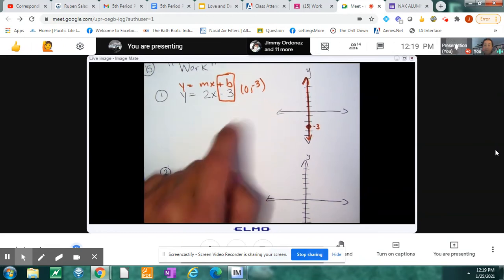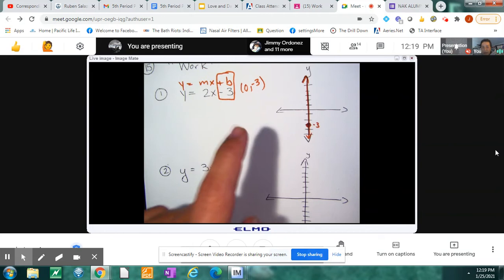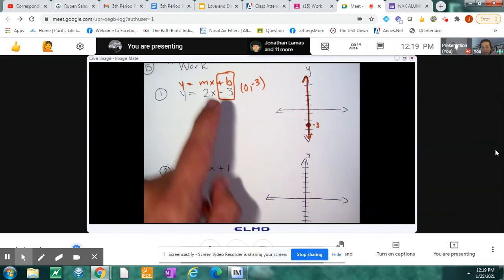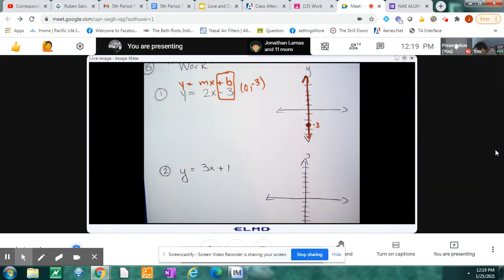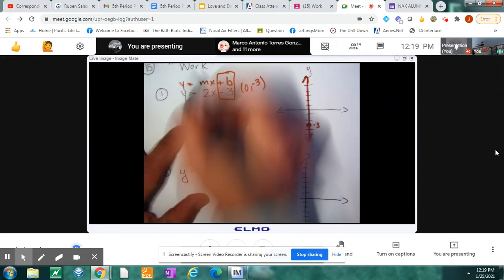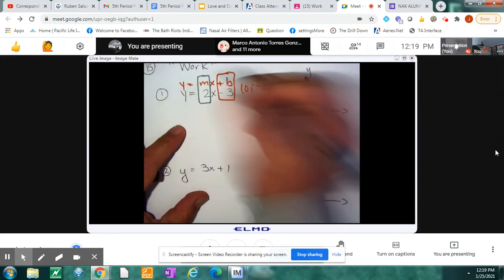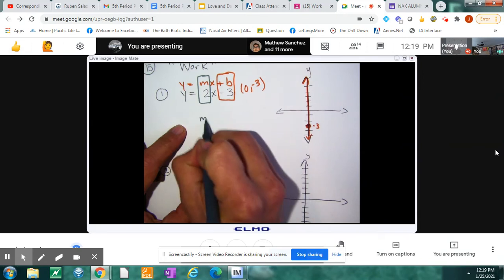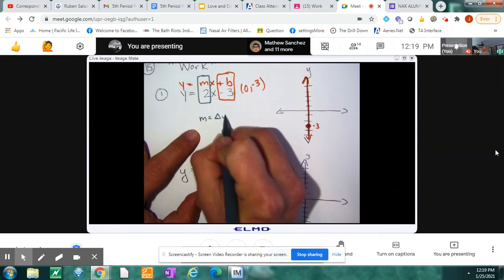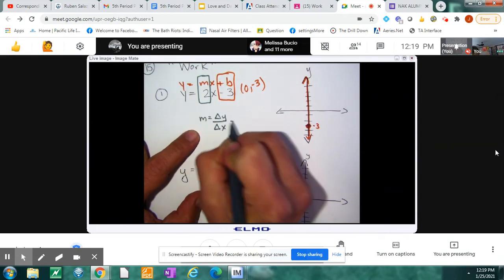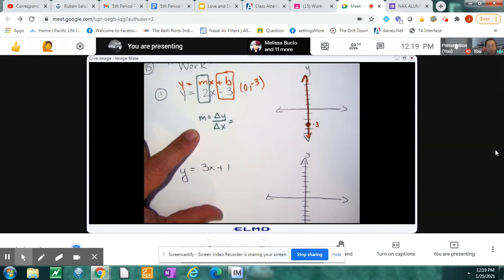But remember, then you need your slope. You need to start creating the other solutions, the other dots. And that's the m, the slope. So remember, m is the change in y over the change in x, which means rise over run.